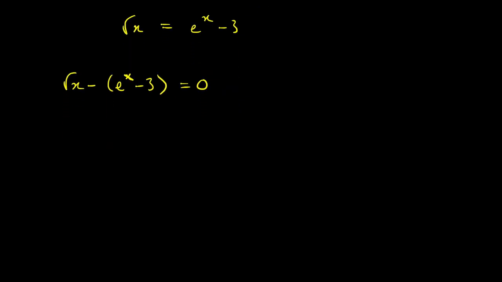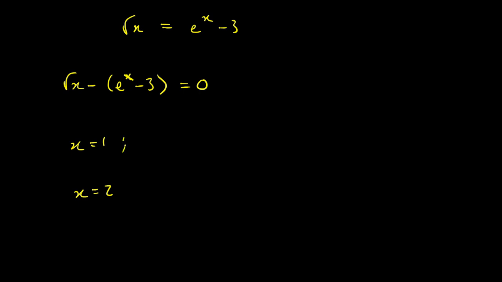And what would happen if we substitute in x is equal to 1? Then we're going to get either a positive number or a negative number. And if we substitute in x is 2, we'll get either a positive number or a negative number. And the key thing is, if the sign changes, if we go from negative to positive or positive to negative, then we know that we must have gone through 0.